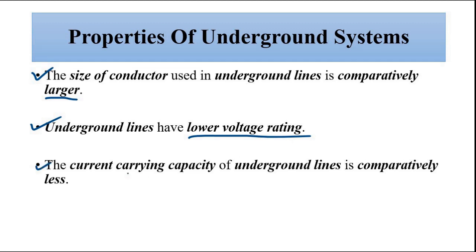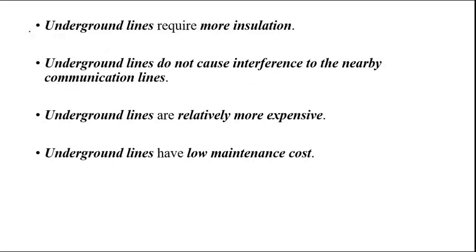The current carrying capacity of underground lines is comparatively less, whereas for overhead systems it was high. Underground lines also require more insulation because multiple different conductors are used. To avoid interaction between them, more insulation is required.